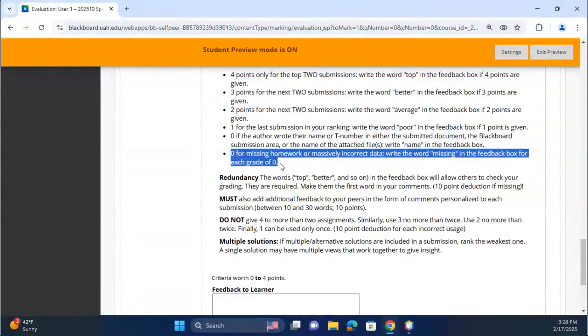is for something that's massively missing. If the person missed one of the rows in the table, it's not a 0. You may rank it a 1 or a 2, but it's not an automatic 0. If you disagree with their approach, it's not a 0, as long as the information is there and we can see most of it.